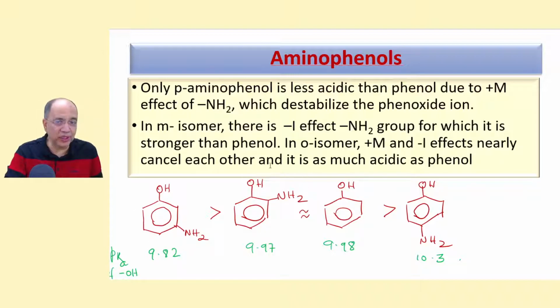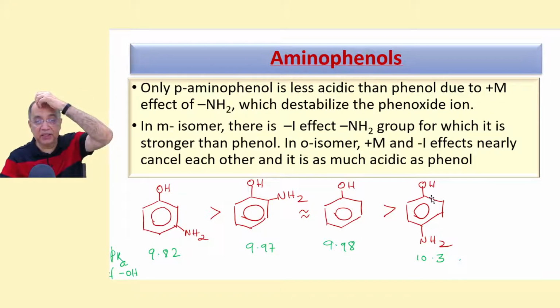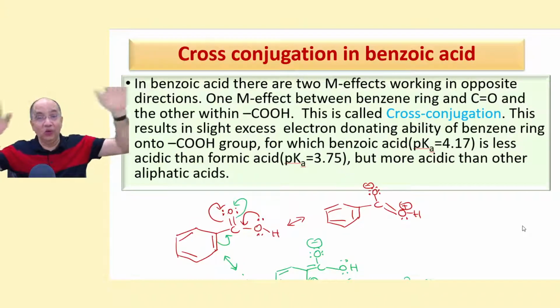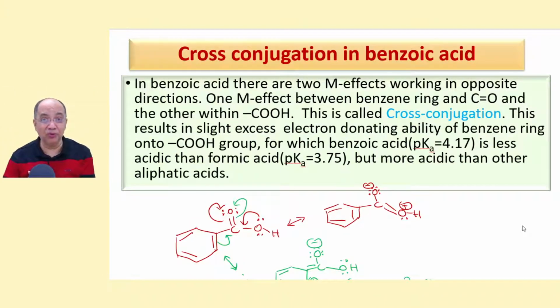We can also say that some SIR is also operating to make it equal with phenol. And para is distinctly less acidic than phenol because of the plus M effect. Nitrogen has a lone pair, plus M effect will destabilize the phenoxide ion. Right? Now, goodbye to phenolic compounds.